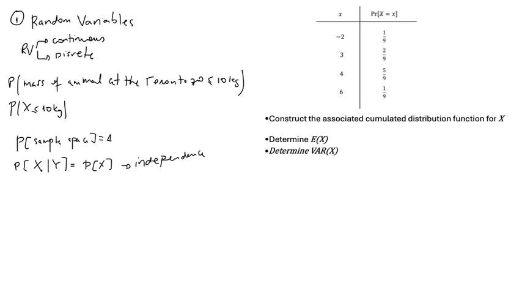So then we started talking particularly about discrete random variables. And we learned how to build what we call a PDF. PDF stands for probability distribution function. And this function can be shown as a table or as a graph, okay?